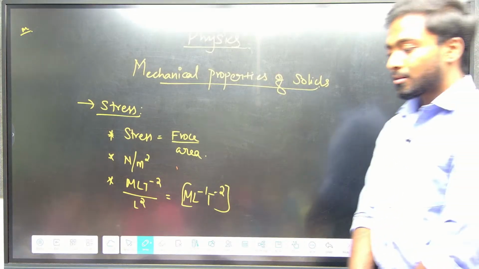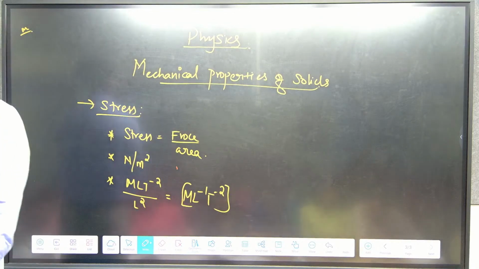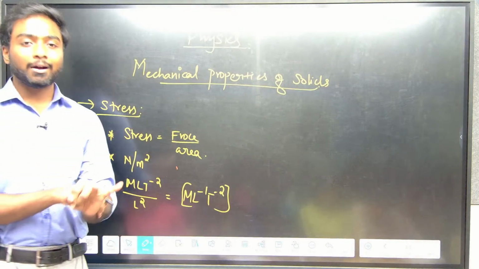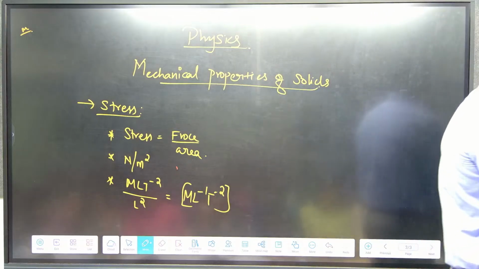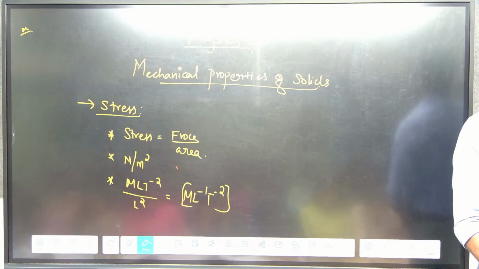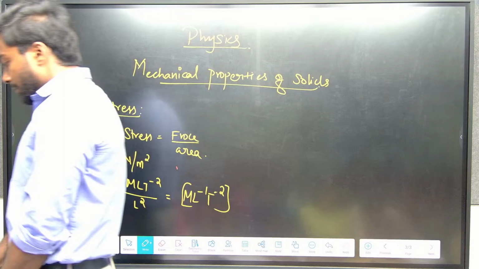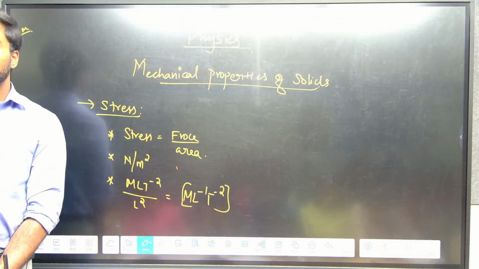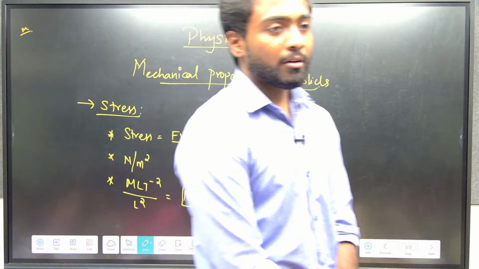The first one is normal stress or longitudinal stress. Second one is tangential stress. And third one is volumetric stress.